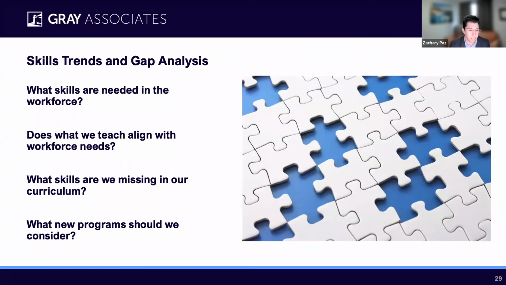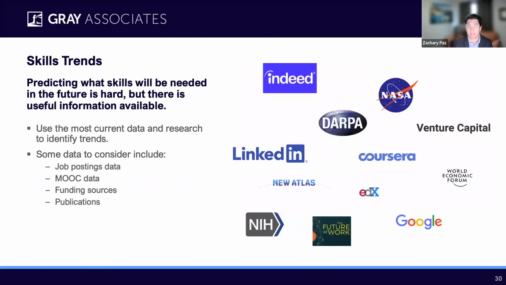What skills are potentially missing within your curriculum, and then potentially does that lead to new program opportunities for your institution? So when we start with the first portion of this, which is the skills trends, there's a lot of data out there to help you do this. Some of the data that we use is listed here, especially for understanding very future-looking trends.